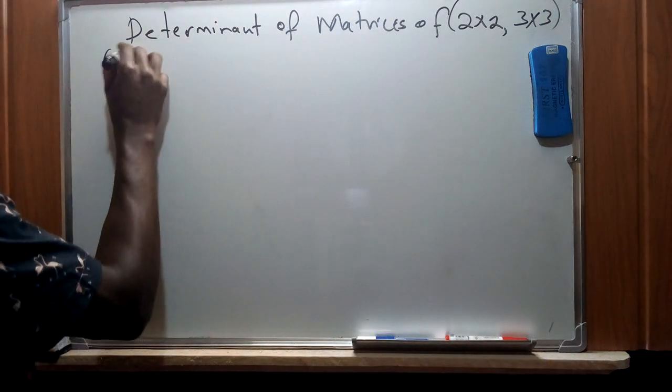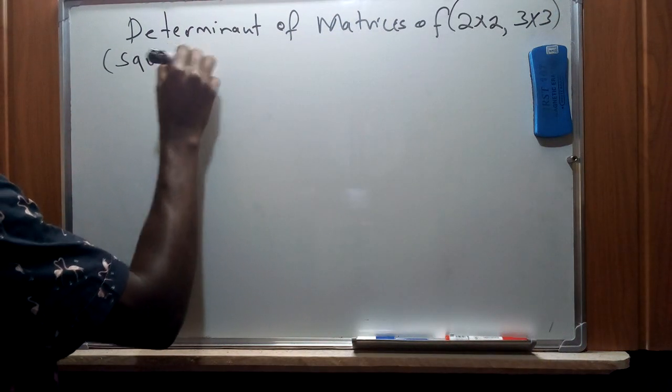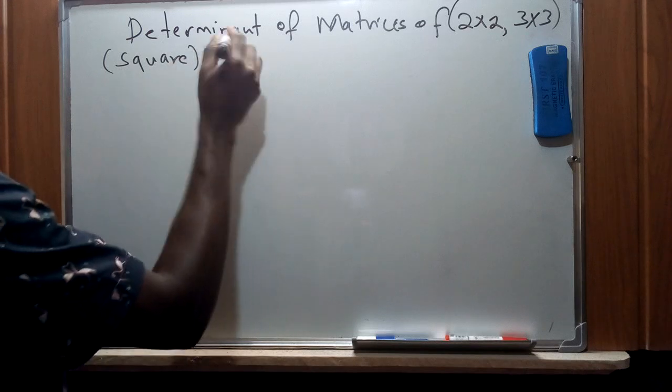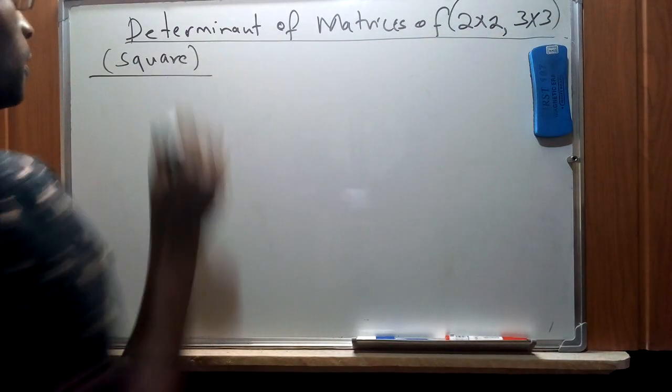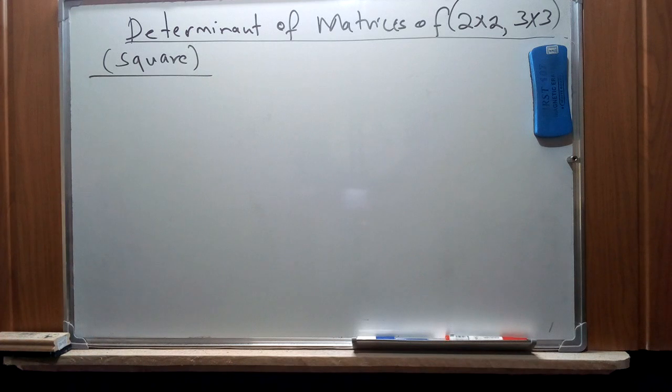These are basically square matrices, since they have the same order, that is, an n by n matrix. This aspect of finding determinants is defined on square matrices, given a 2 by 2 or 3 by 3 matrix.